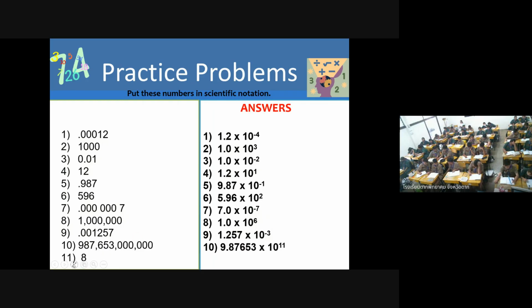And the last number. What is 8 in scientific notation? 8 times 10 to the power of 0. Because again, if you don't move the decimal point, your power is 0.